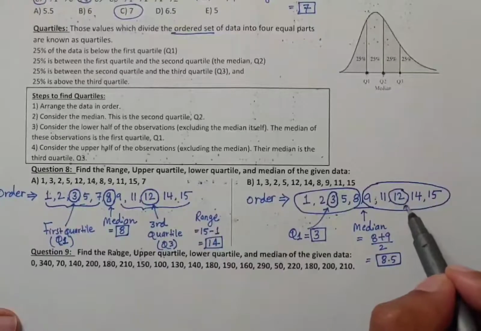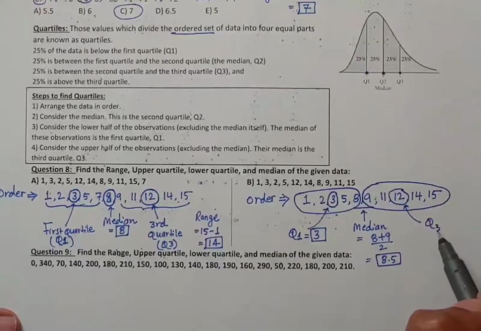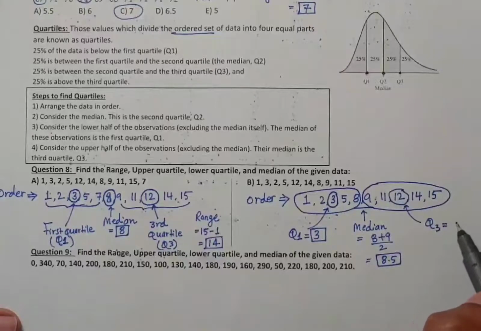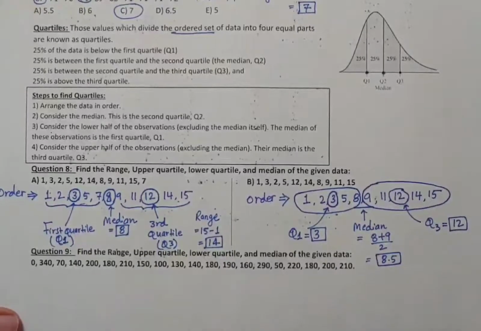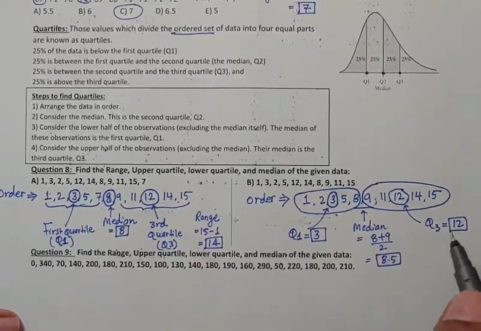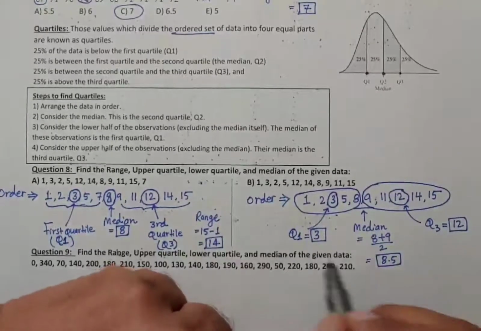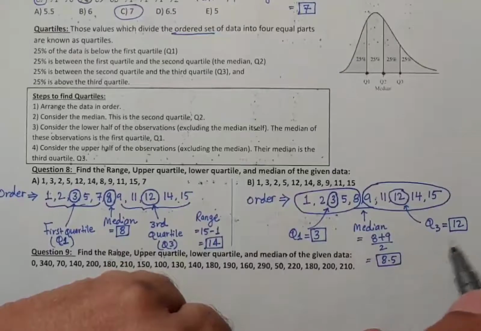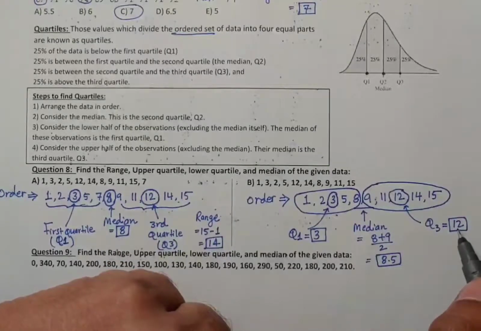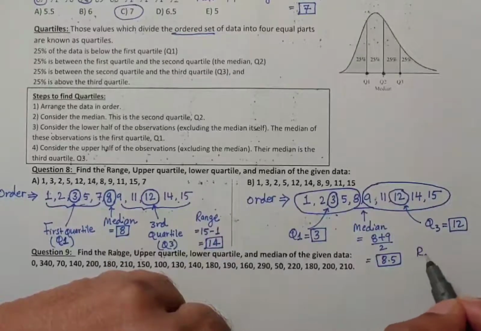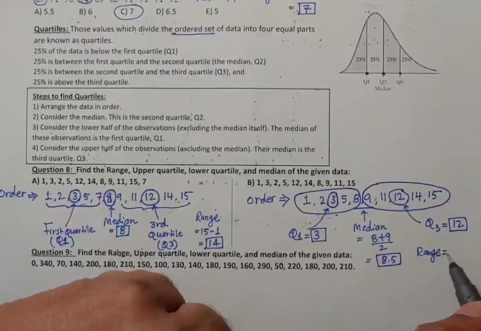So this median is Q3, so Q3 is 12. Okay, so the answer is Q1 equals 3, Q2 equals 8.5, Q3 equals 12, and the range is 15 minus 1, which is 14.